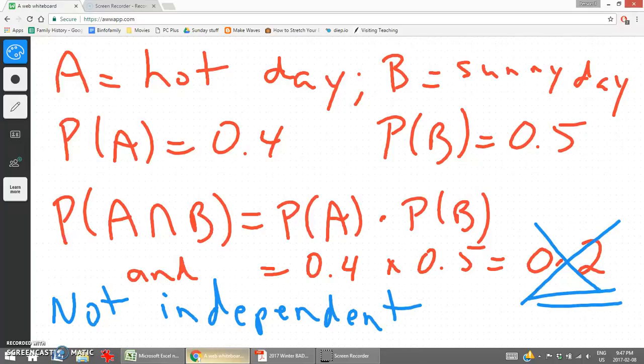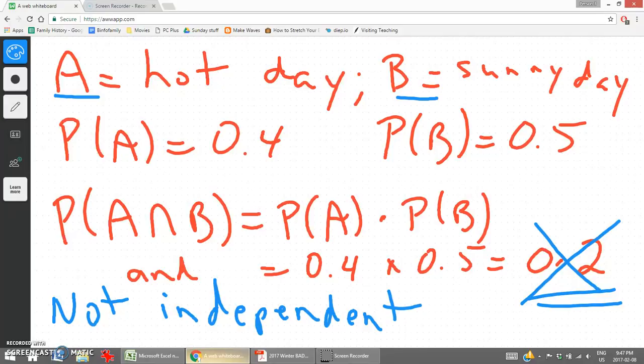If we're talking about coins, dice, or cards, we know those things are independent. Something in the question, if they're not talking about coins, dice, or cards, has to indicate to us that those two events A and B are independent. Nothing in this question tells us that A and B are independent, so we cannot multiply them.